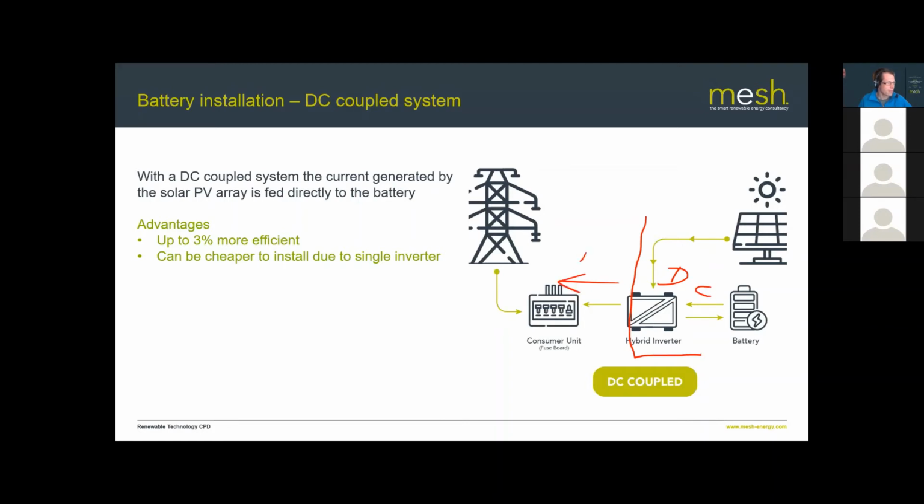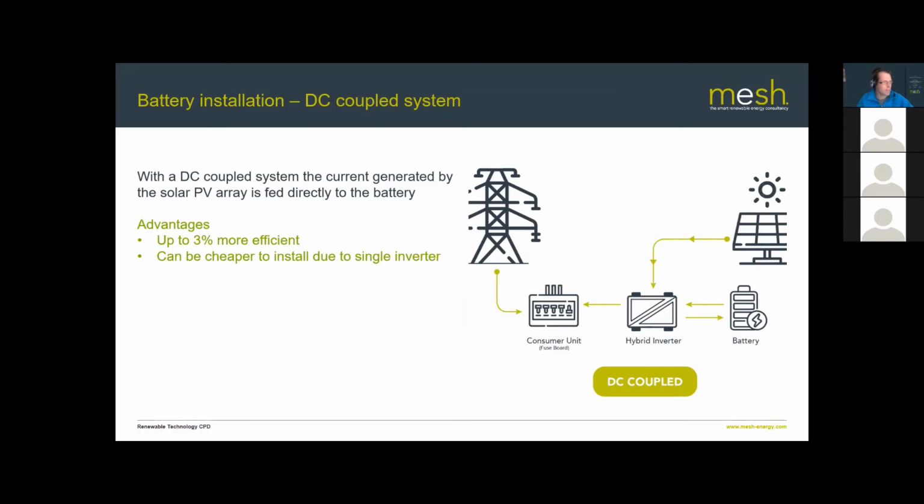And you're only converting from DC to AC once. So if there's electricity going from the panel to the battery, it just stays as DC all the way through. And if it's then going out from the battery to the consumer unit, then it gets converted to AC. And if it's going from the panel straight to the consumer unit, then it's also only converted once. So you get a better level of efficiency.